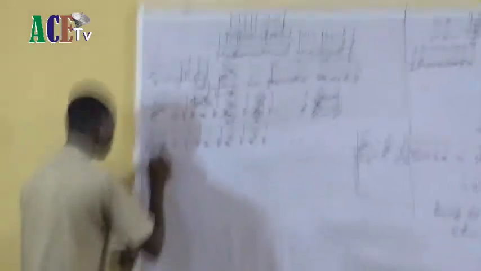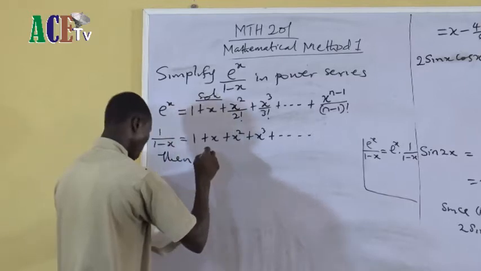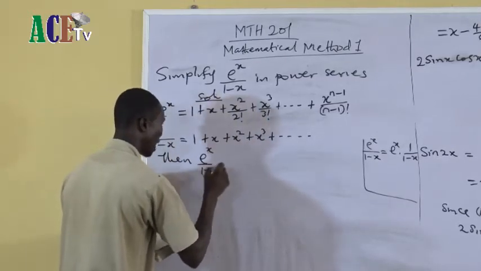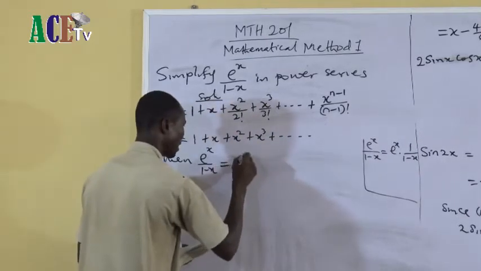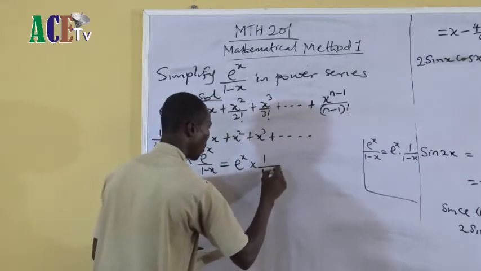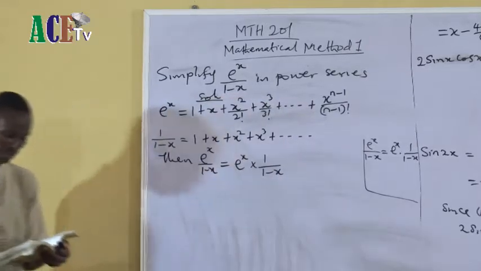Then exponential x over 1 minus x is now equal to, as I said, exponential x multiplied by 1 over 1 minus x.